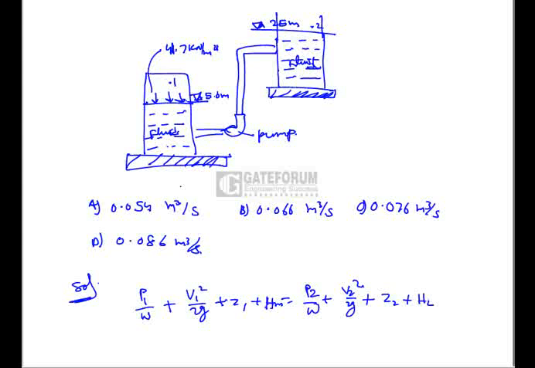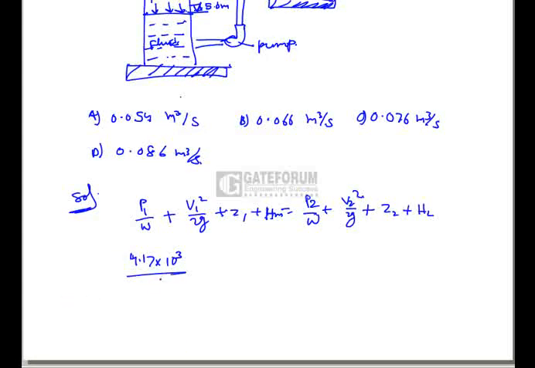Here P1 is given by some value, that is 4.17 into 10 cube kilonewton per meter square, so that into 10 cube gives Newton per meter square, and W is the specific weight, that is specific gravity into the specific weight of the standard fluid, that is 0.85 into 9810, plus V1 square by 2G.